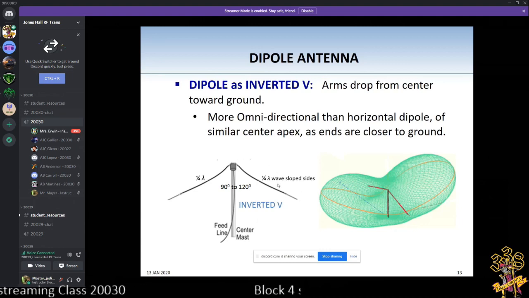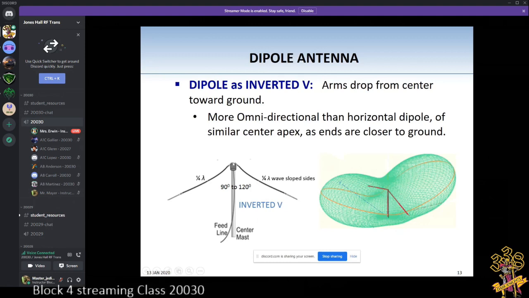Now, because you brought these ends closer to the ground, they're no longer a half wave high. This can be a half wave high, but when you bring this down, they are not a half wave or more high anymore. So you start getting a more omnidirectional pattern off of this dipole.